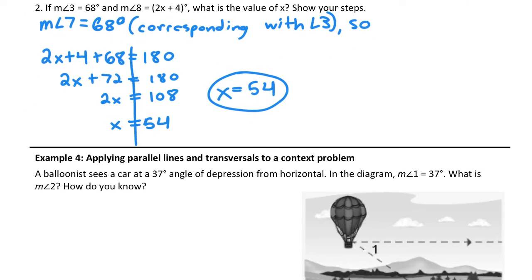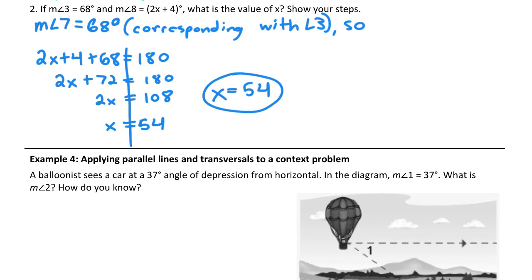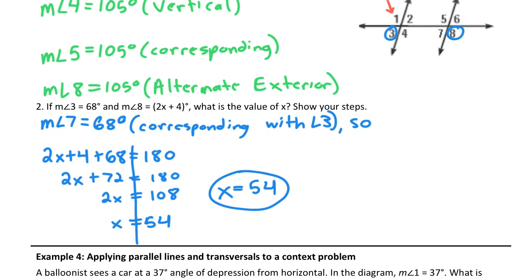For number 2, if the measure of angle 3 is 68 and angle 8 is 2x plus 4, how do I find the value of x? Well, I'm going to use the fact that angle 3 and angle 7 are corresponding, making them the same measure.